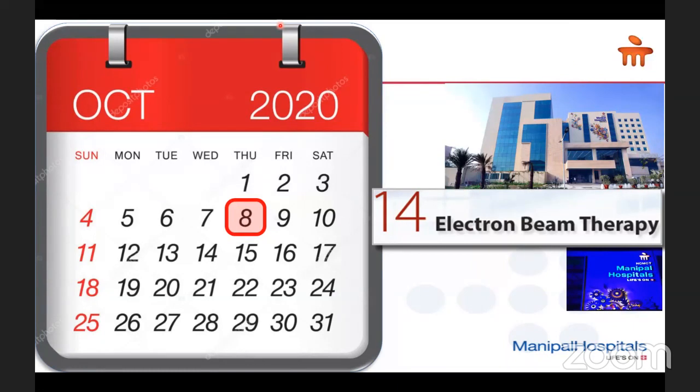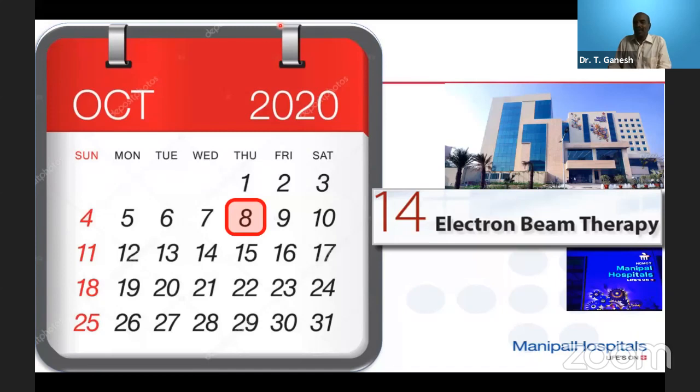Sir, for manual planning of the mantle field for Hodgkin disease, do you apply this Clarkson principle manually, or how do we do it? Yeah, ideally you have to do it that way only. Manually, you have to draw whatever I had shown. That is the correct picture. The same picture, even though it has been given in the Khan book, is not correct actually.